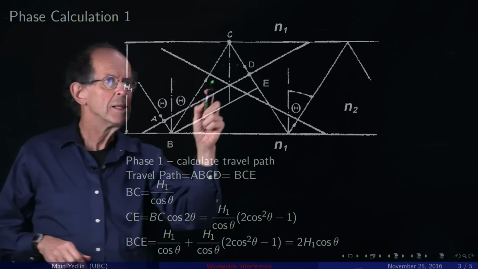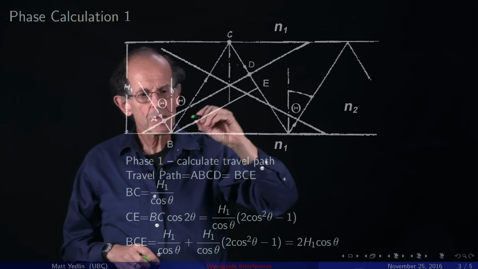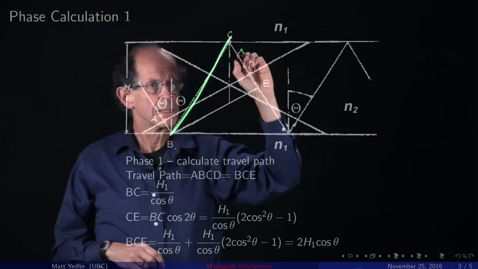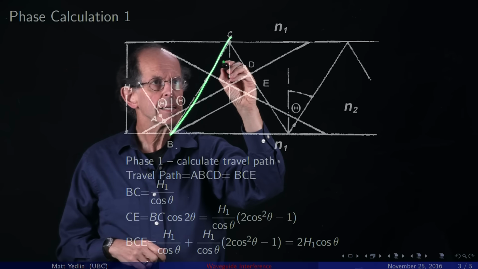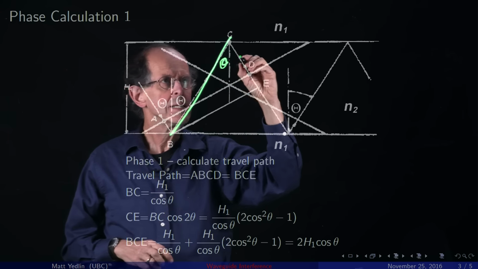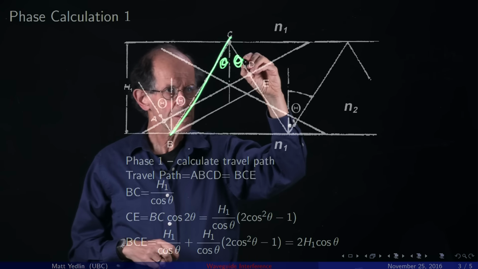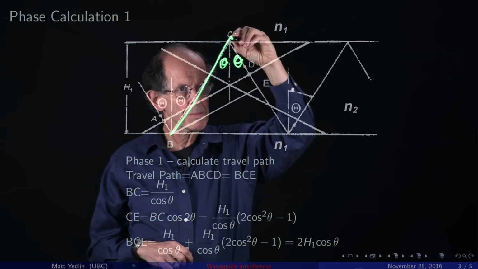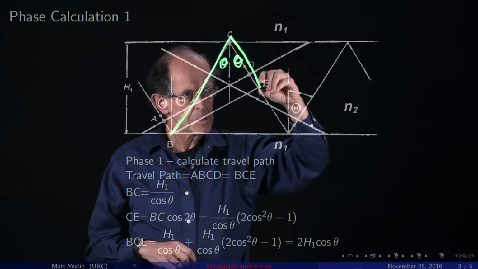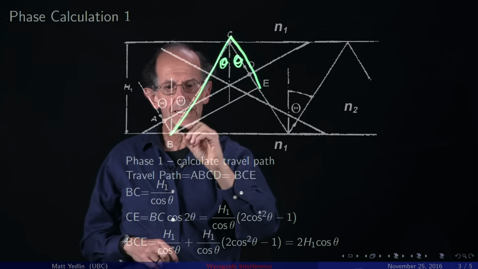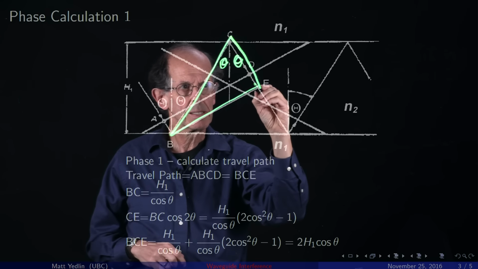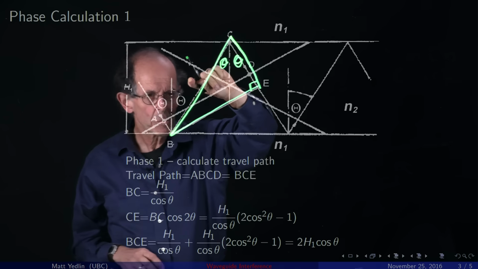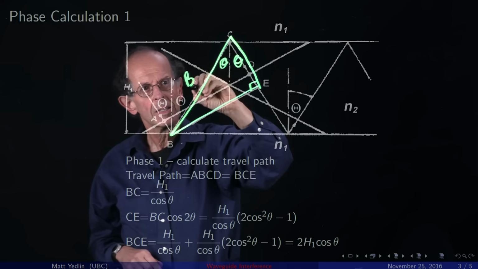CE. Well, CE, what we can see is we've got BC there. And this angle is theta, and this angle is theta. And we know what that is. We just calculated it. And now we've got to go down to E. Well, this is a right-angled triangle here. And we do know what BC is.